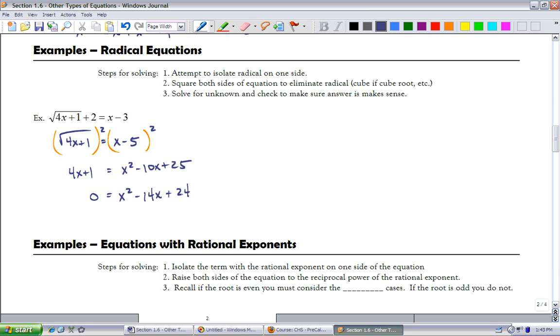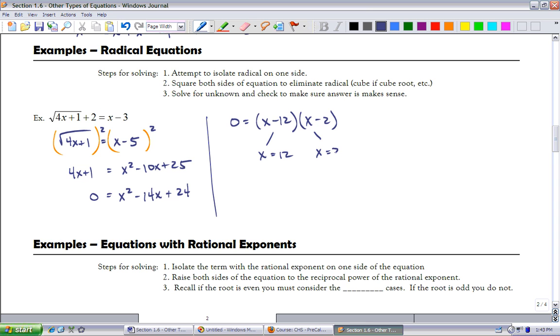Now we just have a quadratic here that we need to take a look at, which luckily for us, if you think about it, it actually factors. What two numbers multiply to give you 24 and add to give you negative 14? Maybe you don't think of it right off the bat, but that's negative 12 and negative 2.